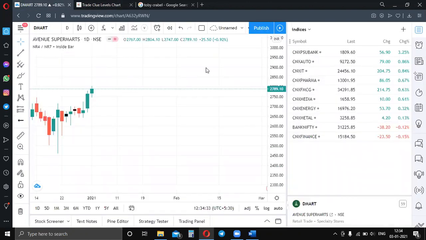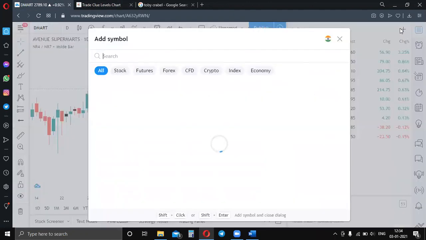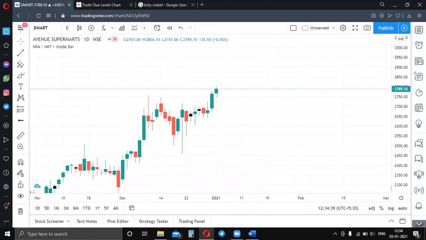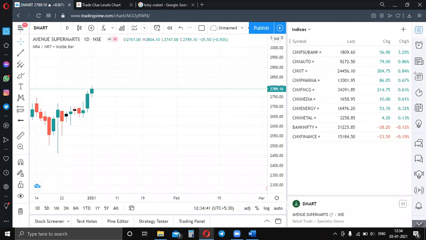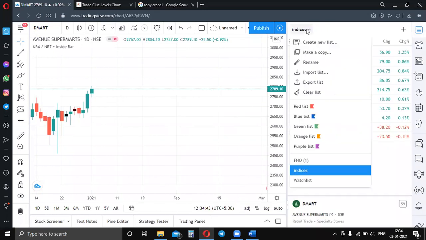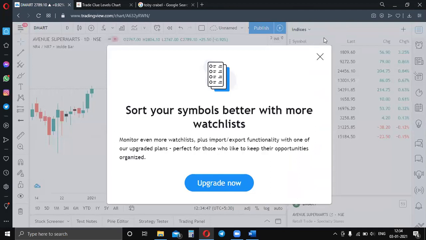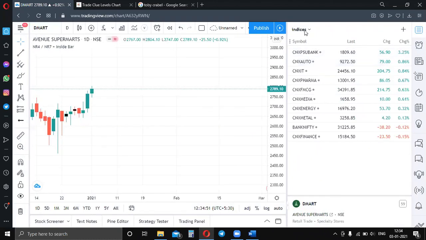So you can simply go over here, guys. This is the first icon on TradingView. Here you can narrow down. You can create a new list. In that case, you can say I want to create the index list.